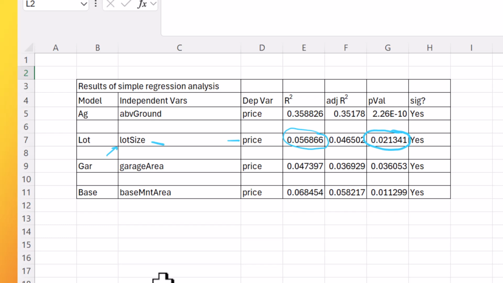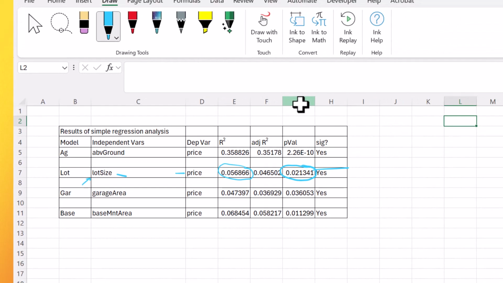If all I consider is the lot size, then yes, 0.02 is considerably less than 0.05. It's only when we start to account for other variables in the model that lot size will fall away. And that's one way to look at this regression output.